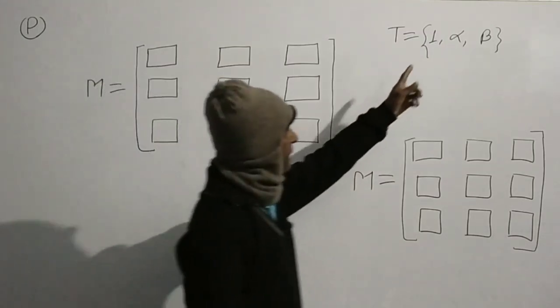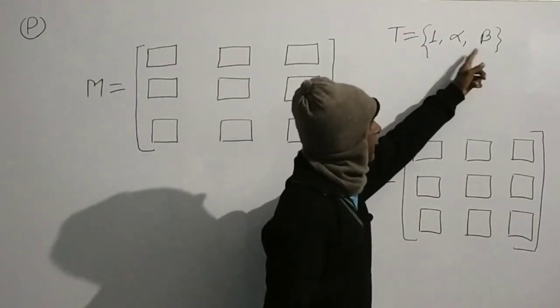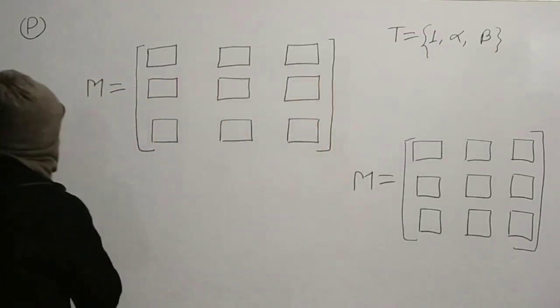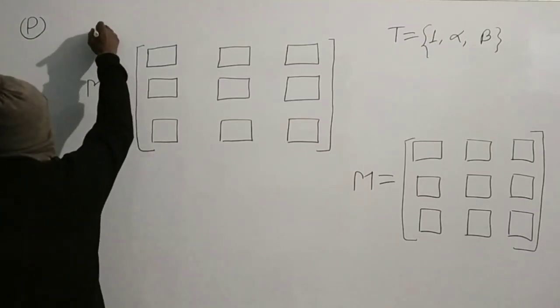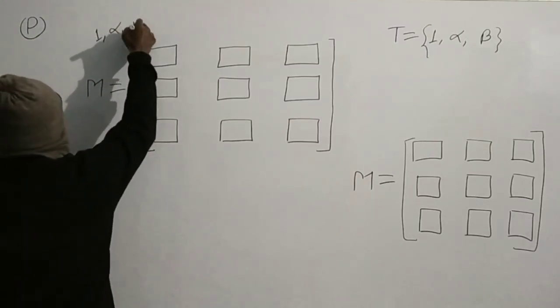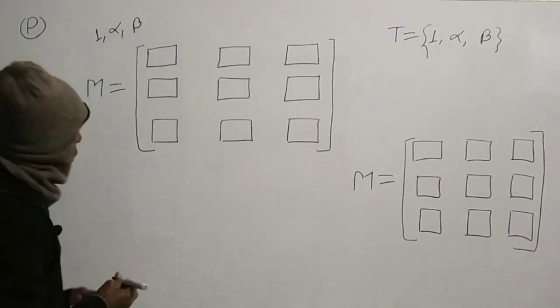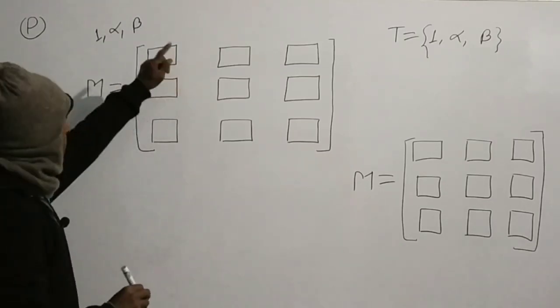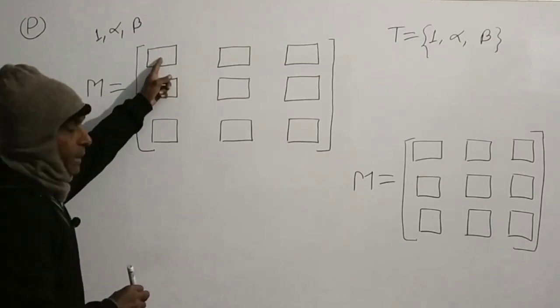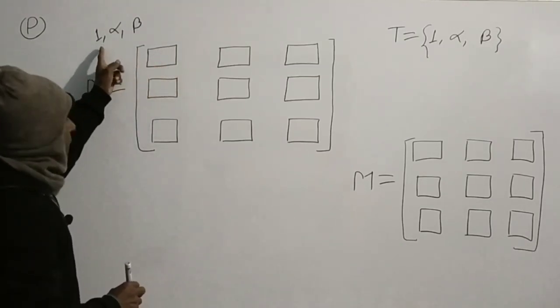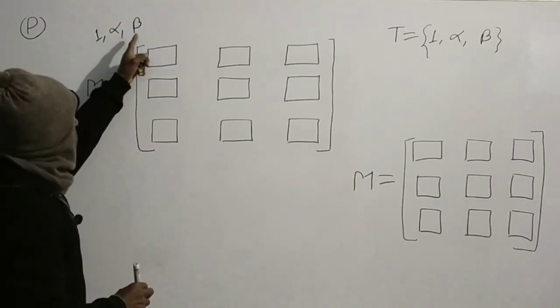Since there are three elements in this set, 1, alpha, beta, we can fill this place by any one out of these three.